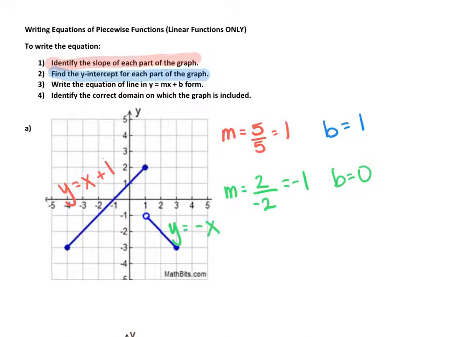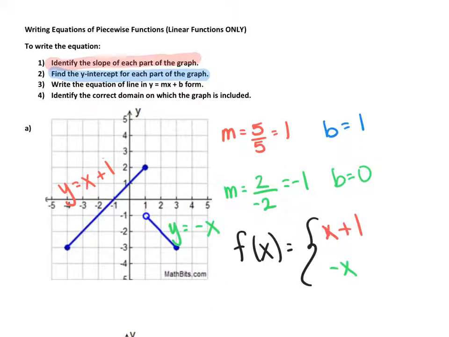So there are your two equations. For the piecewise, we'll write it like this: f of x is equal to x plus 1 for the first equation. The other equation is negative x.